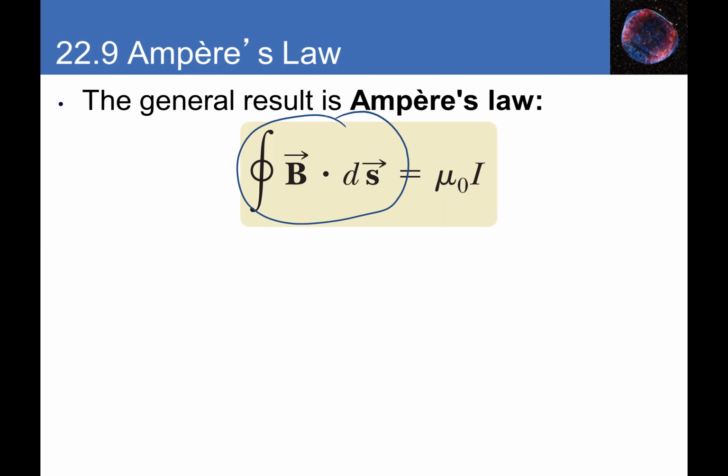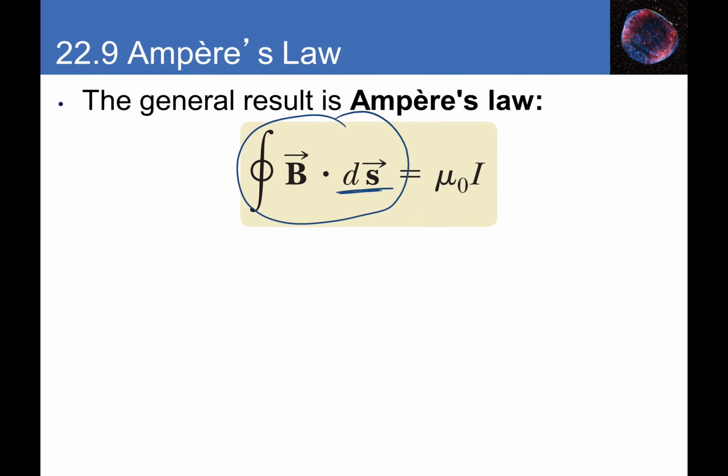It can be rectangular, it can be circular. But pay attention, this is ds, a line integral. It's not a surface, it's a line. So I get either a circle, or a rectangle or a square. It's a one-dimensional integral rather than a surface integral.